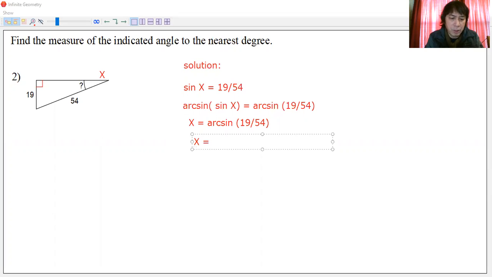This will be inverse sine of 19 over 54. If you have a trigonometric table, that will be useful also. But the scientific calculator is a lot more accurate. So we have here 20.6 degrees, and we shall round this to 21 degrees.